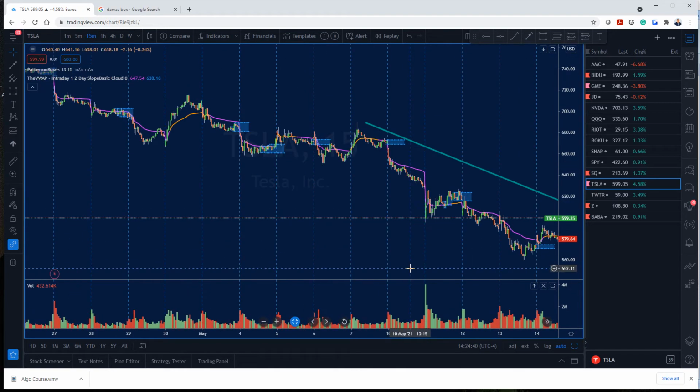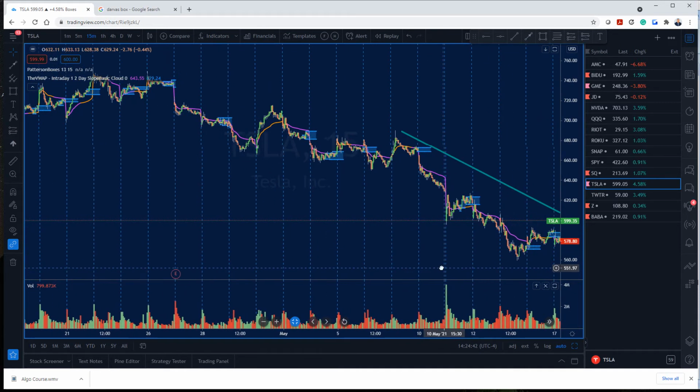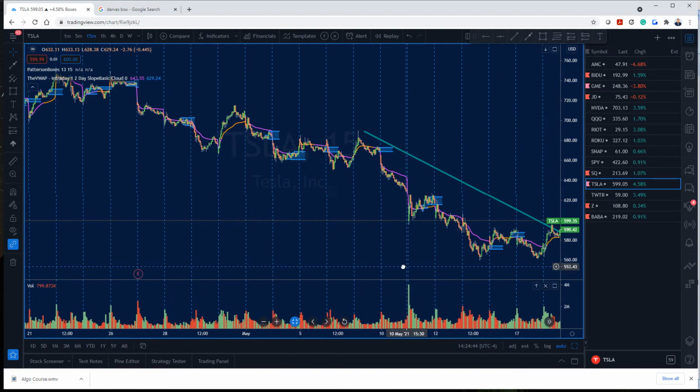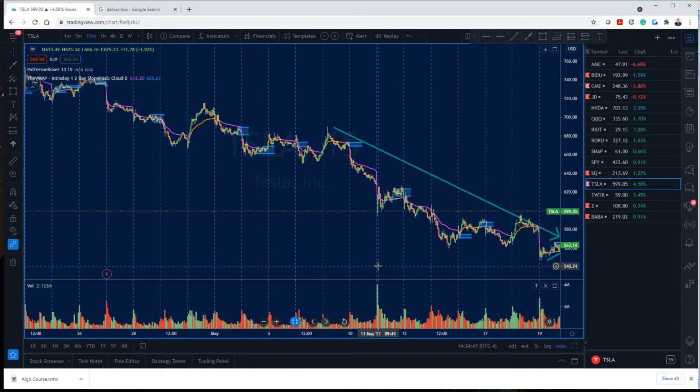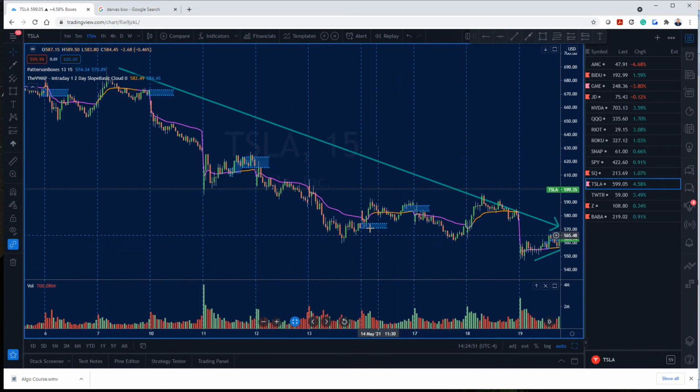It does work counter trend sometimes, but usually in counter trend trades, and again, the other rule is that you get out when another box starts forming.